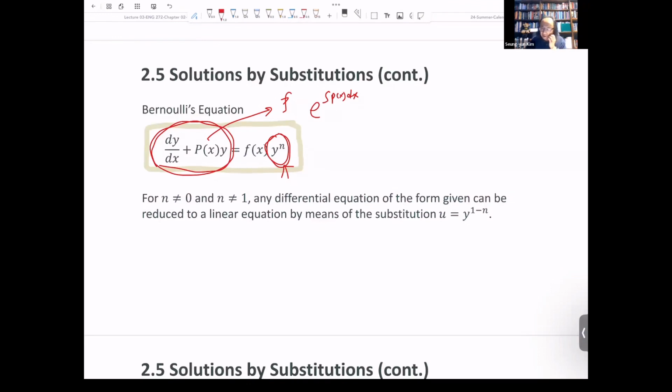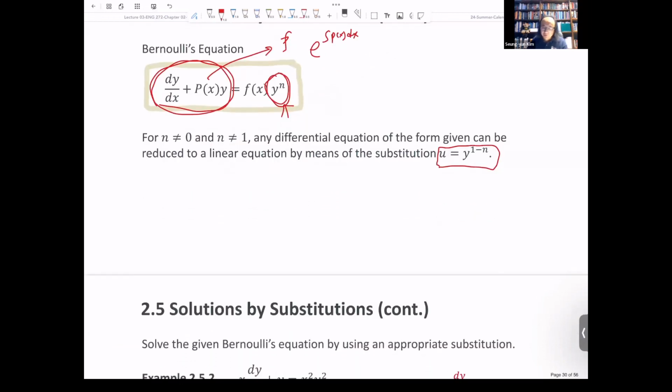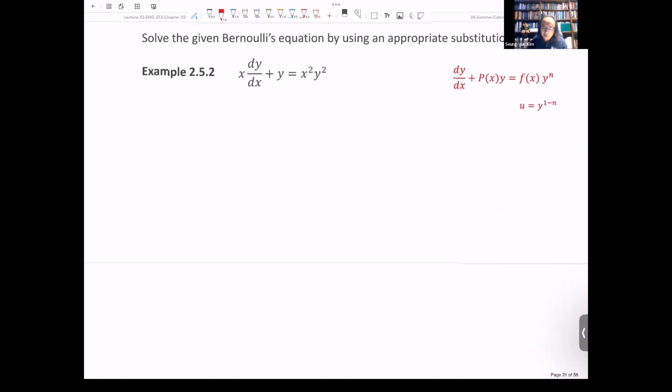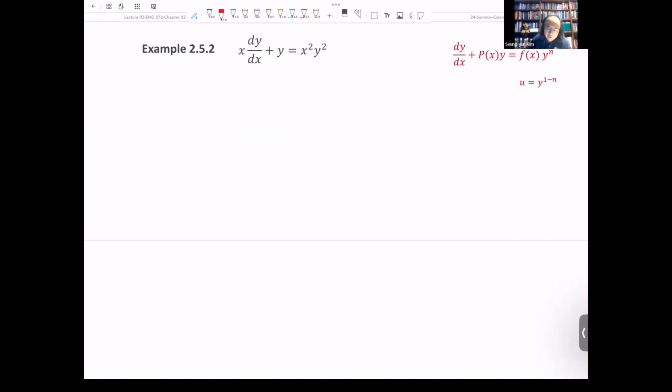In order to do that, we're going to use the substitution u equals y to the 1 minus n, where n is the power of y on the right-hand side. That way we can cancel that. So let's work on this. It's not in standard form, so we want to make it standard form.